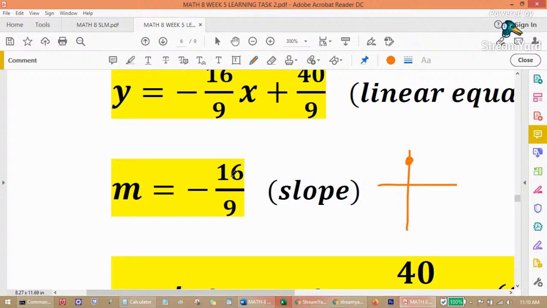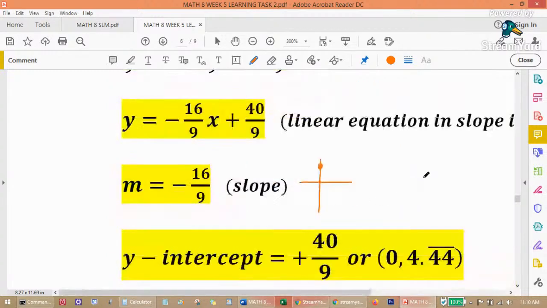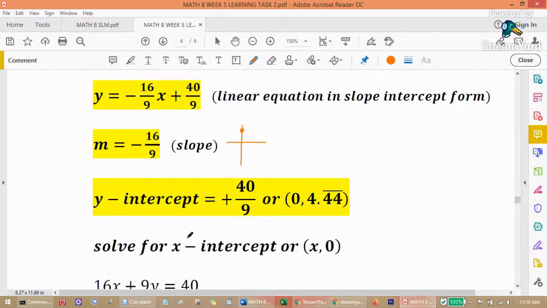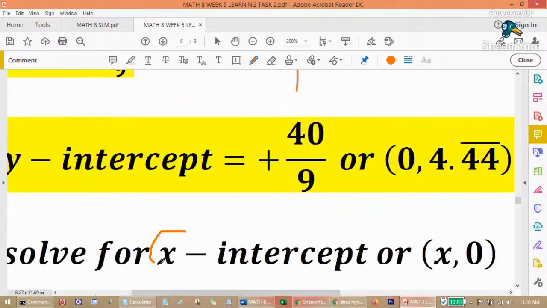Minsan masyadong malaki, hindi na kumakasya sa papel natin. So ang gagawin natin is hanapin natin ang x-intercept para medyo mas madali mag-graph. X-intercept.